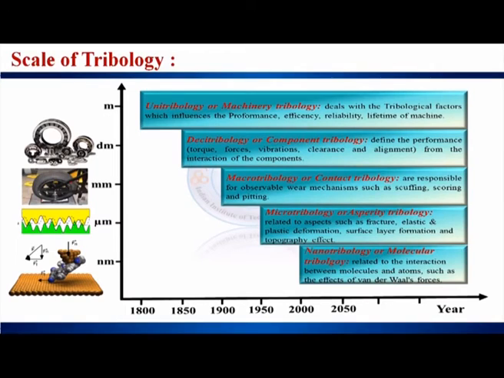So, micro tribology or asperity tribology is related to aspects such as fracture, elastic and plastic deformations, surface layer formations and topography effect. And then lastly nanotribology, or molecular tribology, is related to the interactions between molecules and atoms, such as the effects due to the van der Waals force interacting between the molecules.